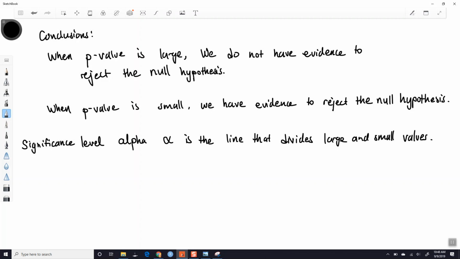Most frequently, alpha is equal to 0.05, 5%.